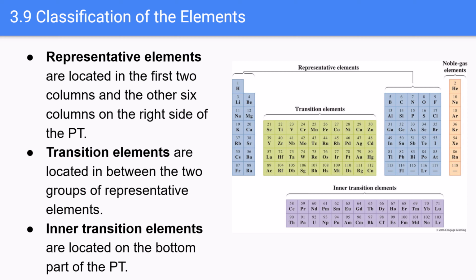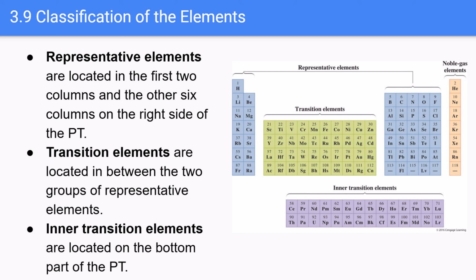A couple of other terms I want to make sure that you know. Representative elements, sometimes these are referred to as main group elements as well, are located in the first 2 columns, and then the other 6 columns for the representative elements are on the right-hand side of the periodic table. Transition elements are the ones that are in between the 2 groups of representative elements. These are things like scandium all the way to zinc.